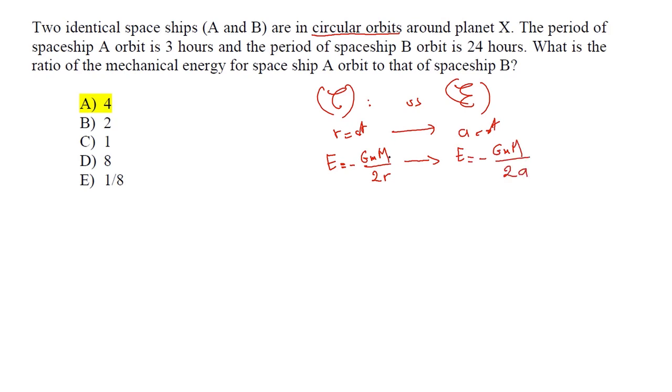Let me just remind you of a few things here because this is important. Why do I have this in a circle? Of course, in a circular orbit, r is constant. R being constant, I have a uniform circular motion. If I have a circular orbit, I have a uniform circular motion. So that means the speed, the orbital speed, is constant.